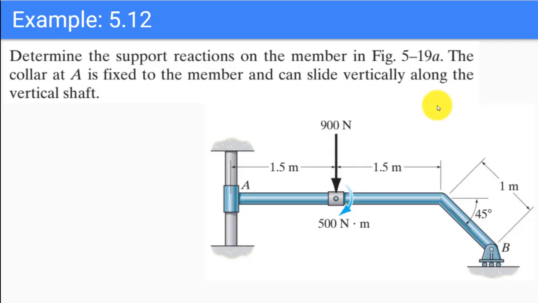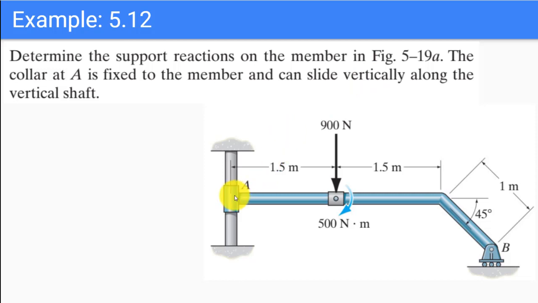Okay, so let's start with another example. Here again we want to determine the support reactions on the member in figure 5-19a. The collar at A is fixed to the member and can slide vertically along the vertical shaft.